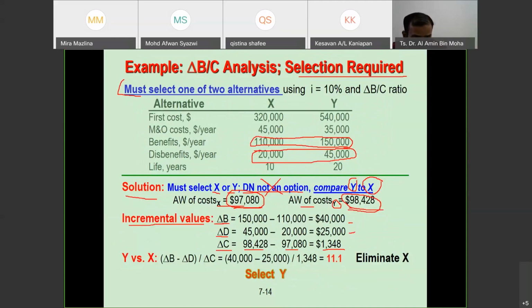Now is the operation: Y is challenged by X. What does it mean? If it's greater than 1, we choose Y. If it's smaller than 1, we choose X. So here, 40,000 minus 25,000 divided by 1348, we got 11.1. So 11.1 is greater than 1, we eliminate X. So we select Y. Y has been selected.